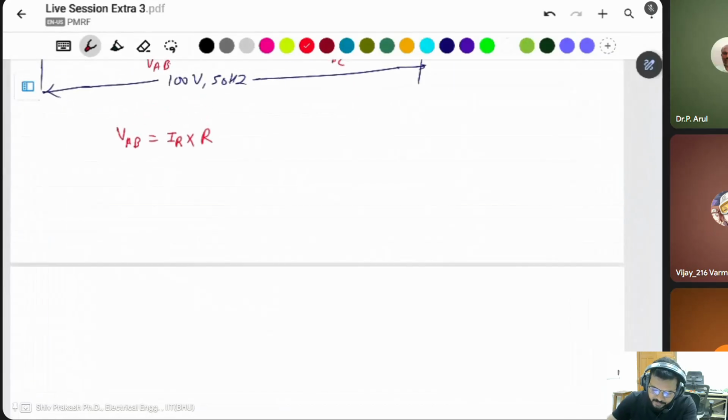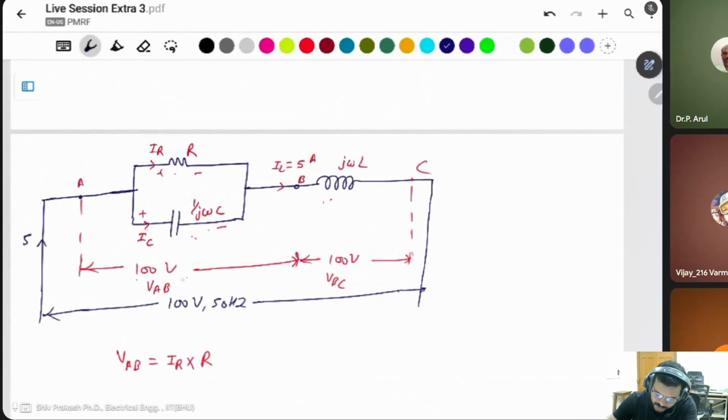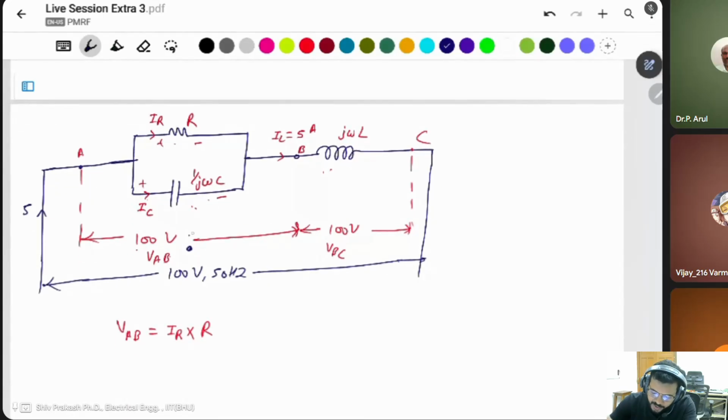Okay. If I draw a line which denotes the phasor of VAB, which will be 100 volt as given in the question, I take this voltage as the reference. If this voltage is the reference, then there is some angle difference between this one and this one.